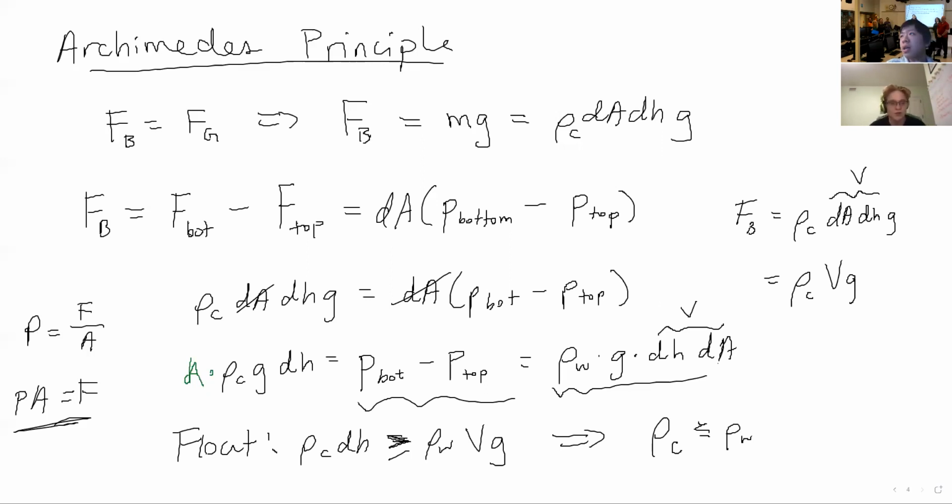At this point, you see how there's dA on both sides? You cancel dA, there's no V anymore. So it becomes rho W G dH equals rho C dH. Well, it's less than. Yeah, exactly. Hence your inequality.